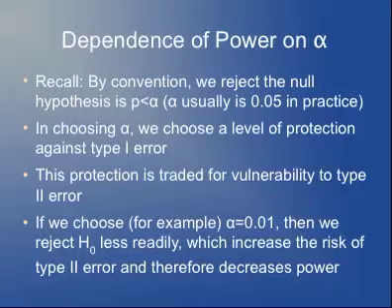So, for example, if you demanded a more stringent threshold of p less than 0.01, then you're less likely to reject your null hypothesis, which means that you increase the likelihood of failing to reject your null hypothesis, given that it's false, and therefore your power goes down. Well, I say in practice, usually everybody uses 0.05, so you don't worry about this criteria too much.